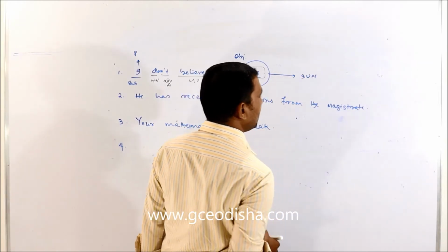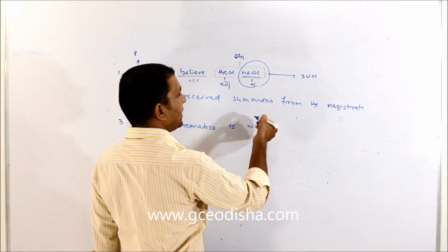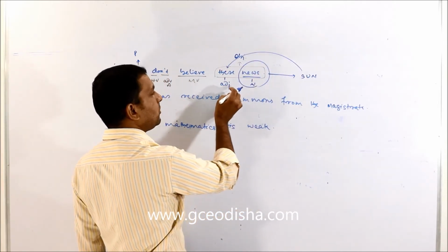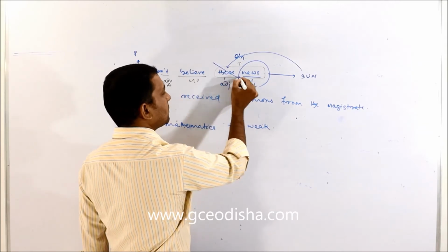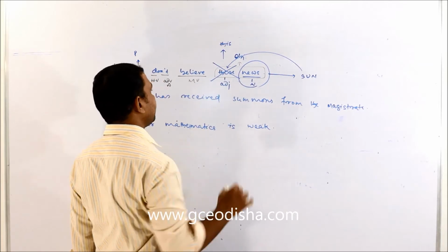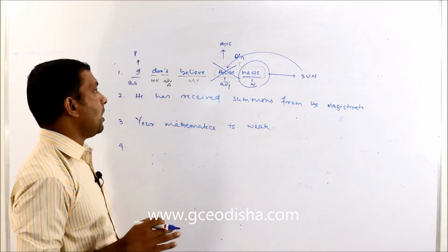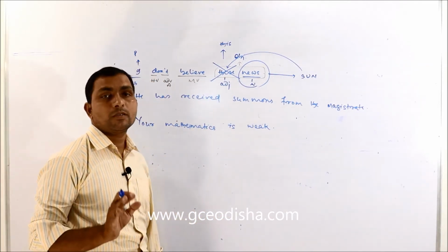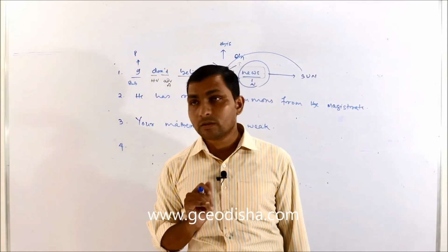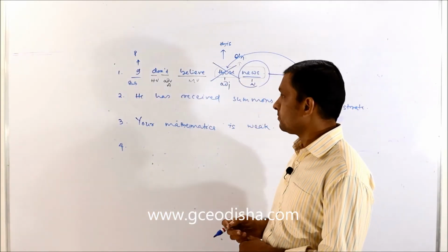So when it is a singular uncountable noun, the adjective used before news should also be singular. So instead of these, the right word should be this. It is, I don't believe this news. Clear?